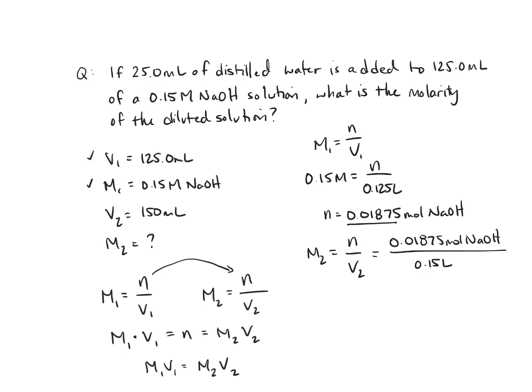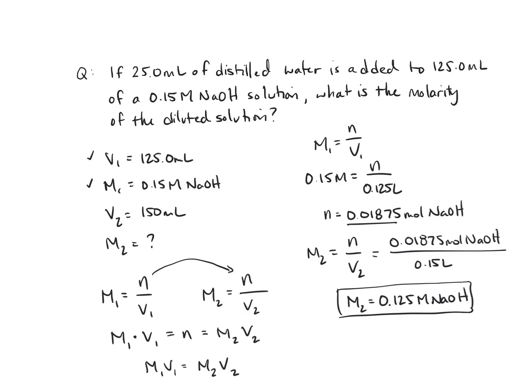If I divide that, we end up getting M2 equal to 0.125 molar NaOH, which makes sense because it went from 0.15 and is now diluted down to 0.125. So that is my correct answer.